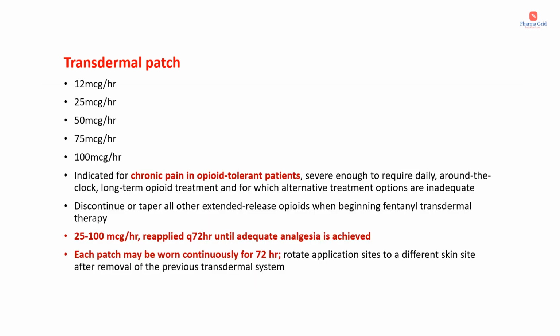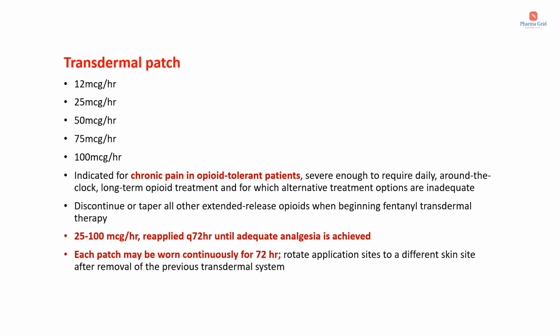The fentanyl transdermal patches are available in various strengths such as 12 microgram per hour, 25 microgram per hour, 50 microgram per hour, 75 microgram per hour and 100 microgram per hour. This patch is indicated for chronic pain in opioid tolerant patients severe enough to require daily round the clock long-term opioid treatment and for which alternative treatment options are inadequate. Discontinue or taper all other extended release opioids when beginning fentanyl transdermal therapy.